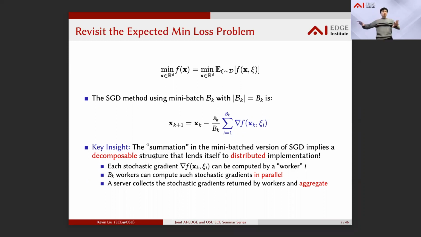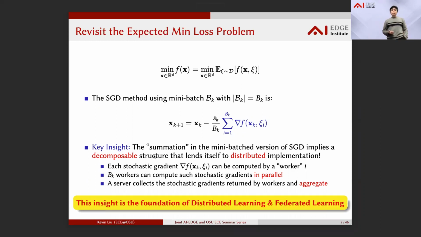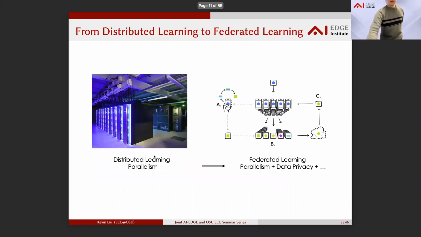You have a bunch of workers computing all these stochastic gradients in parallel, and a server aggregates them together, and then you have distributed computing. This insight is the foundation of distributed learning, and federated learning can be viewed as one type of distributed computation.